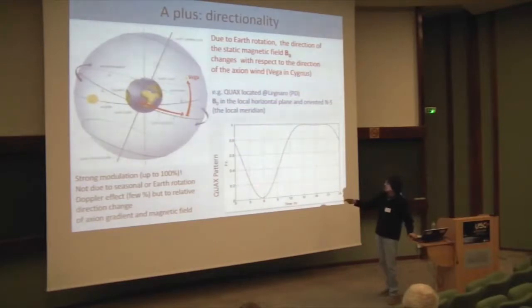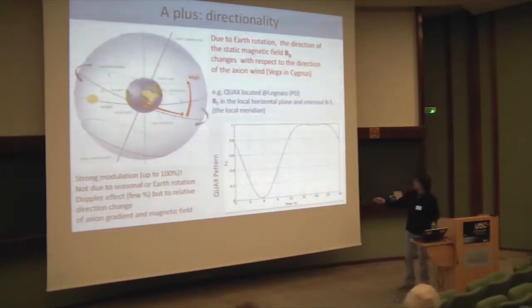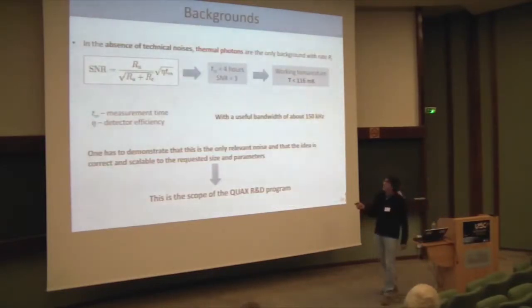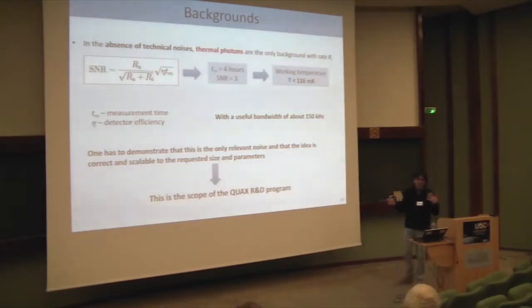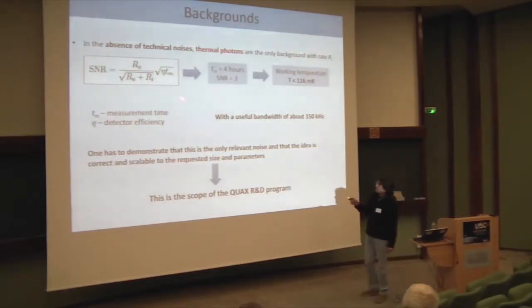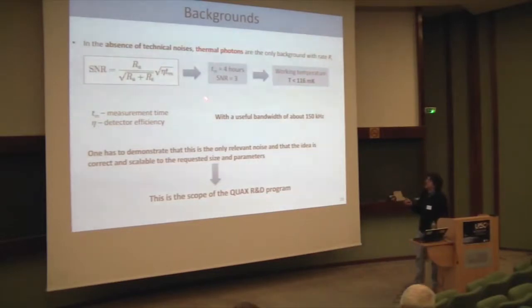And this is, for example, for a single day, how the signal pattern should be, and of course this pattern is moving through the year. What we hope is that at the end, the real background is thermal photons, and then you can put some numbers to see how much you need for this background to be there, and you find that the working temperature of the system should be below something like 100 millikelvin, which is feasible.